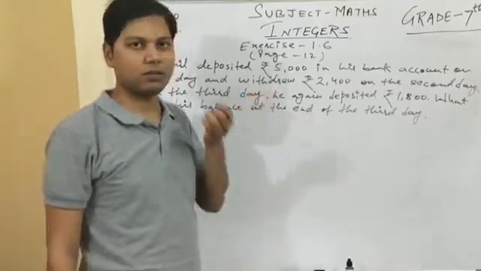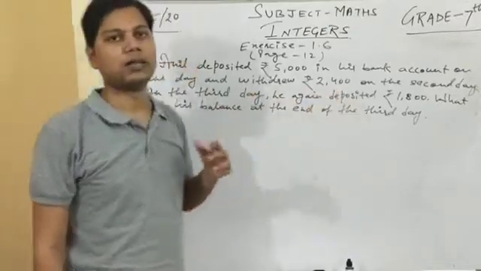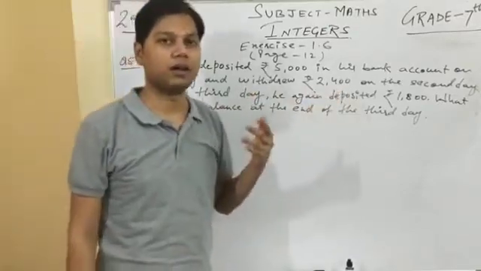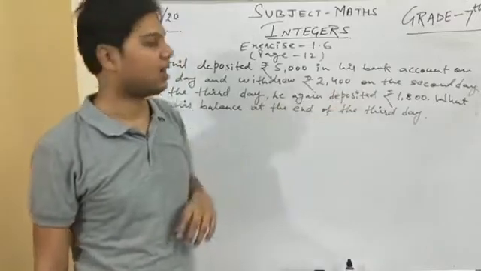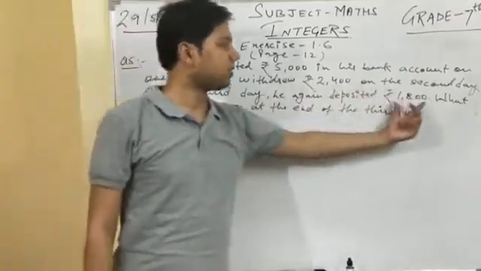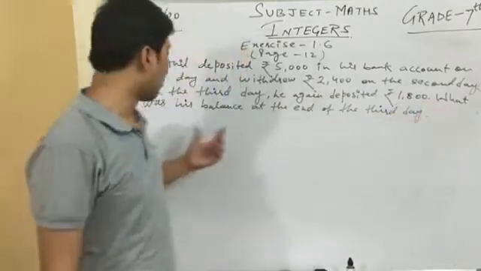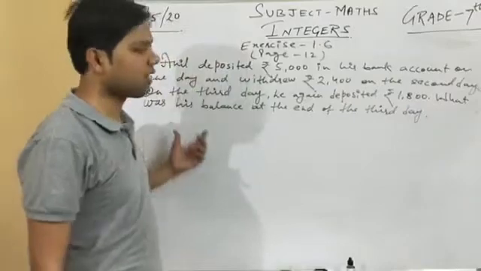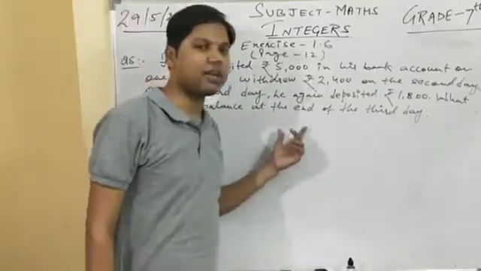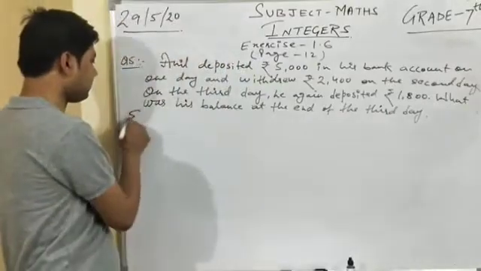And when we withdraw any amount, it will reduce from bank account. ठीक है. Next third day again we deposited the 1,800 rupees. So what was his balance? What was Anil balance at the end of the third day? Okay, let's solve it.